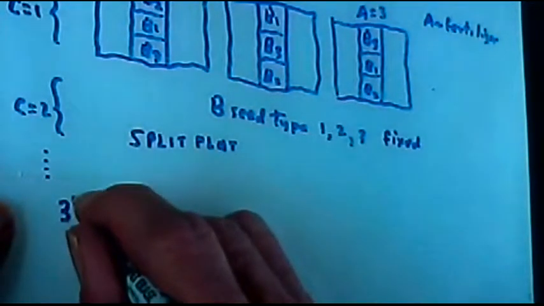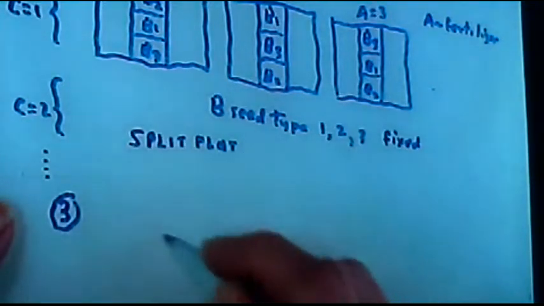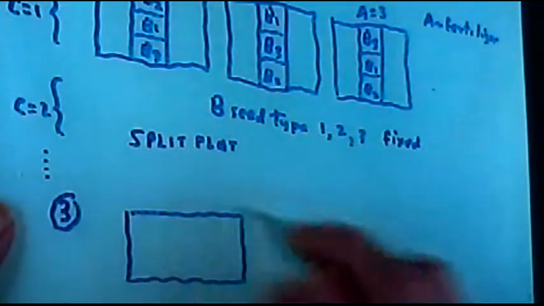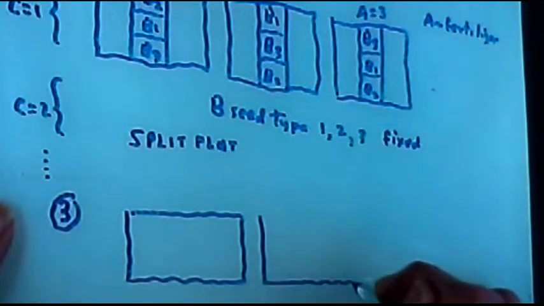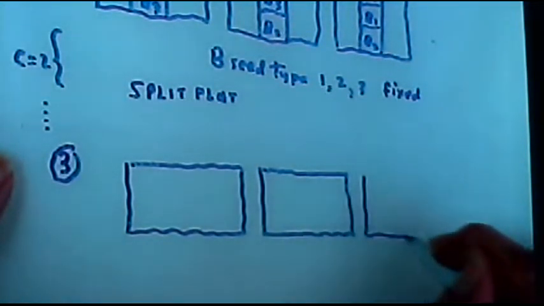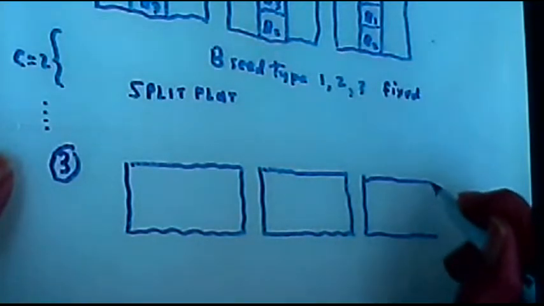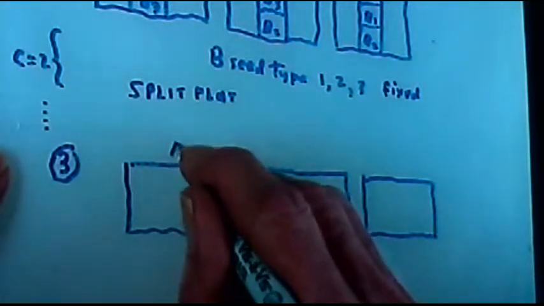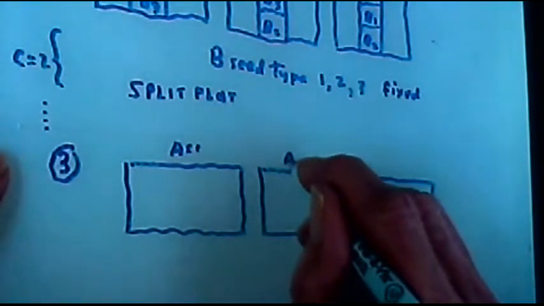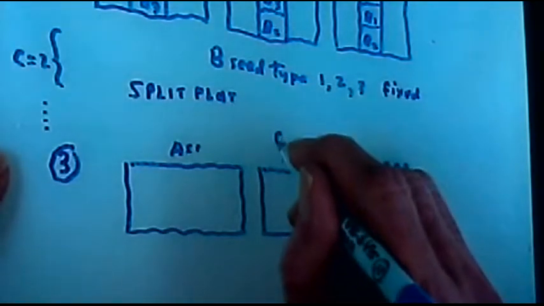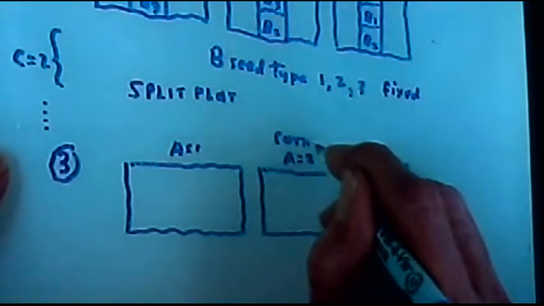A very similar example, again from agriculture. Suppose I have the whole plots, which are fields of ground. And A equals 1, A equals 2, A equals 3 is a variety of corn.